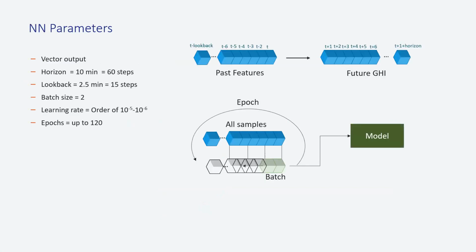Our models use vector output, so we predict all the horizons at the same time to investigate the dependence of time effects. As we only use a single day of data for our initial exploration, we have to regularize the model pretty hard to avoid overfitting.